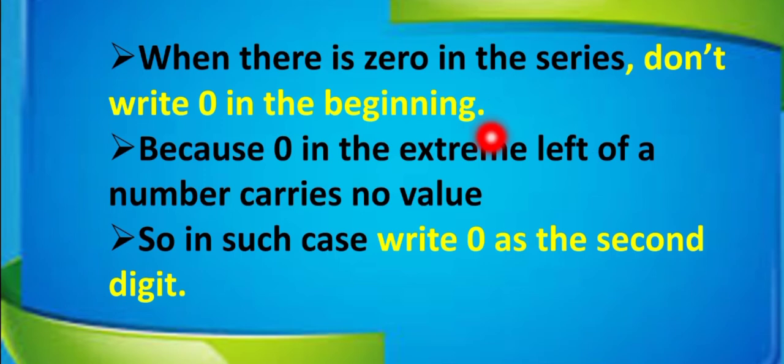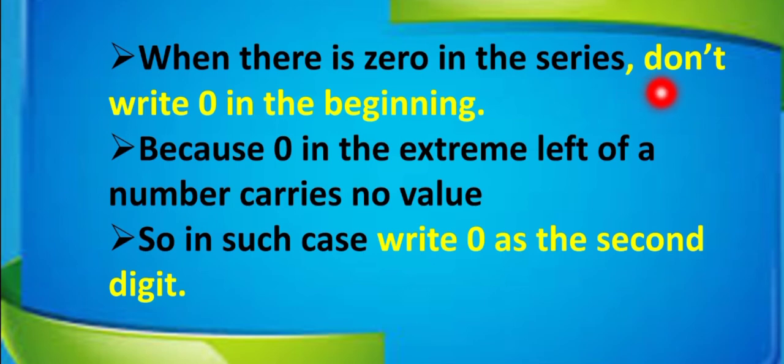The greatest number as usual you will form by arranging in descending order. But when you are forming the smallest 4-digit number, you should not write 0 in the beginning. Normally when we arrange in ascending order, 0 will come first, isn't it? But we should not write 0 in the beginning.